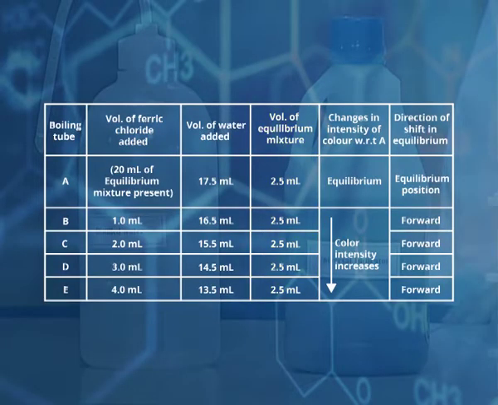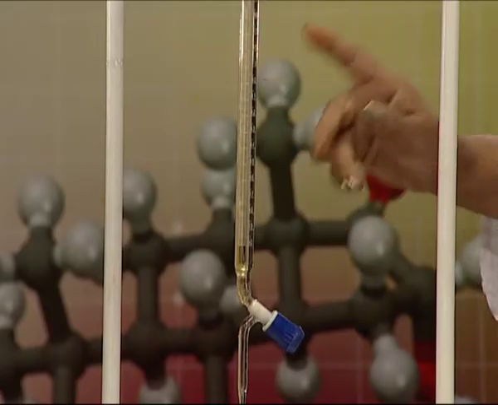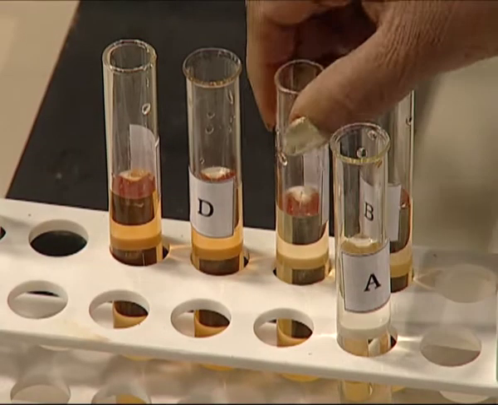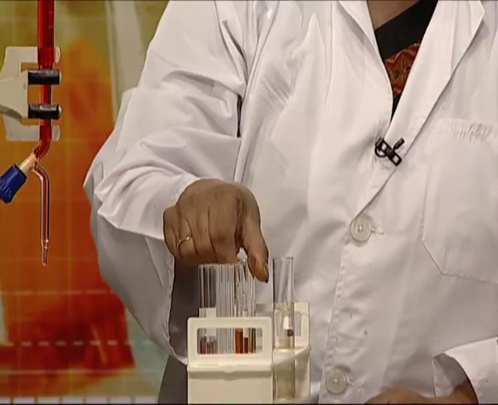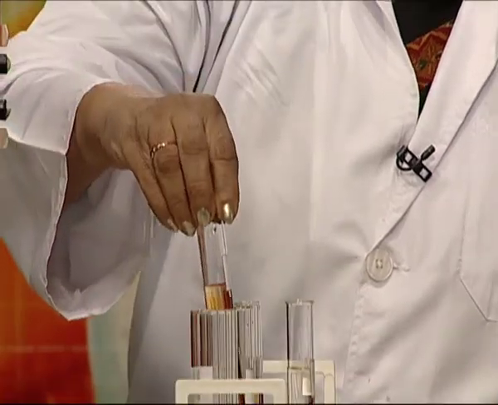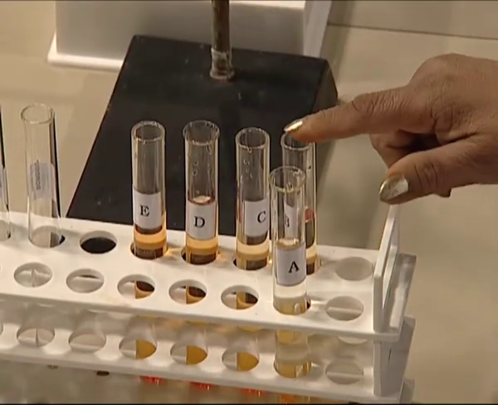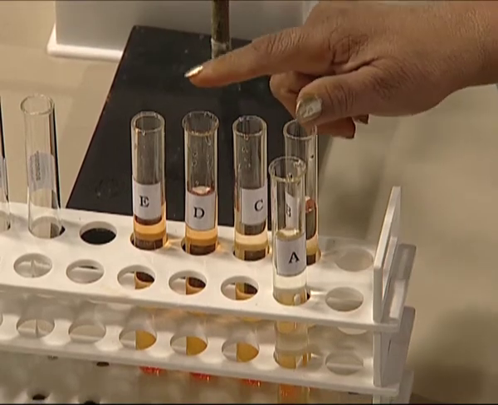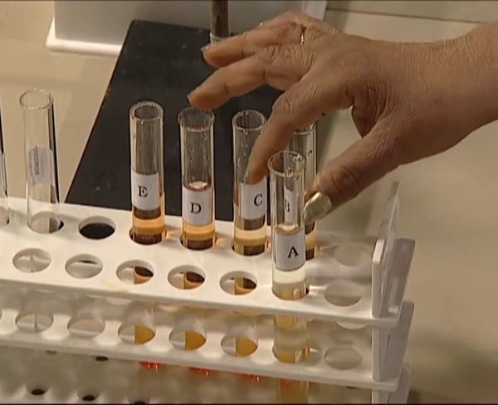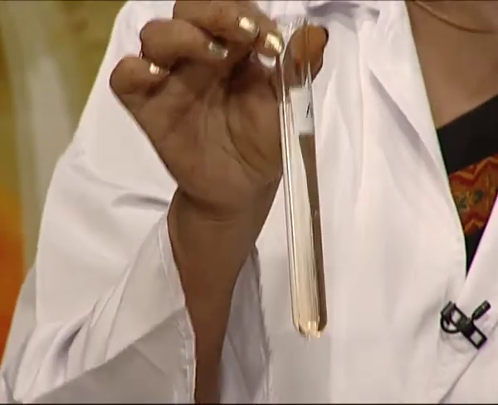I have taken the same amount of this equilibrium reaction mixture, and I have added different amounts from this burette, that is 1 ml in test tube B, 2 ml in test tube C, 3 ml in test tube D, and 4 ml in test tube E. That means we have added varying amounts and varied the concentrations of ferric chloride in these test tubes, but we have not done anything to this test tube A.